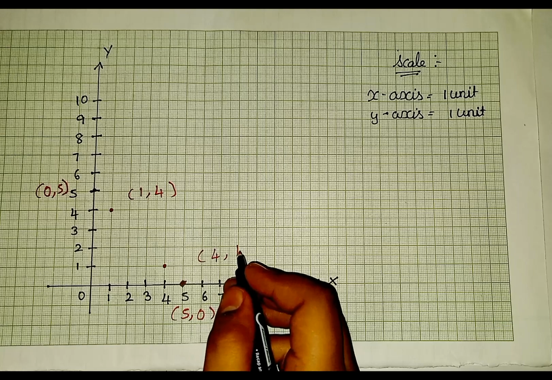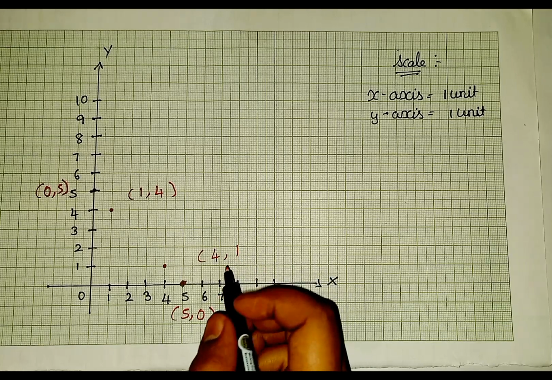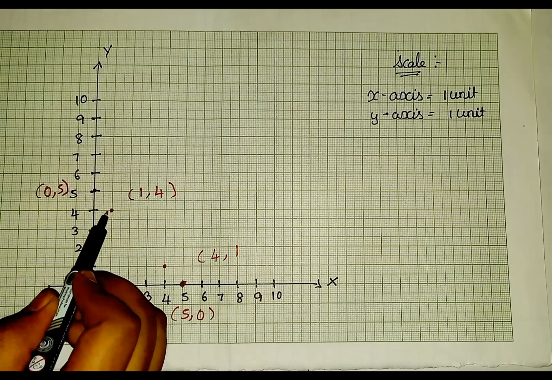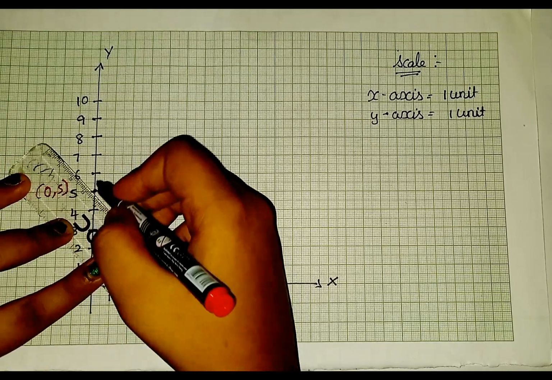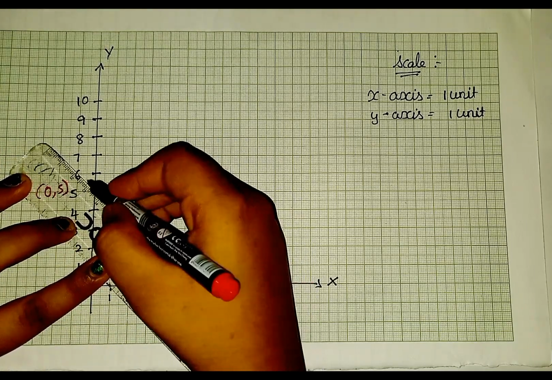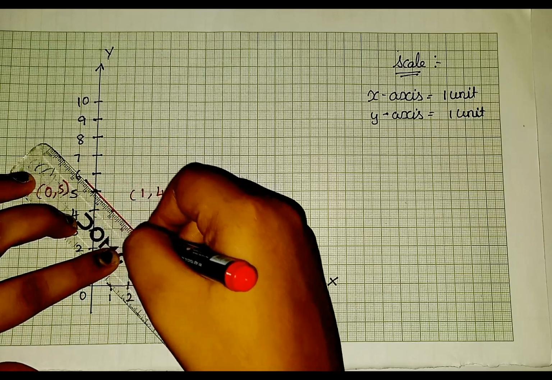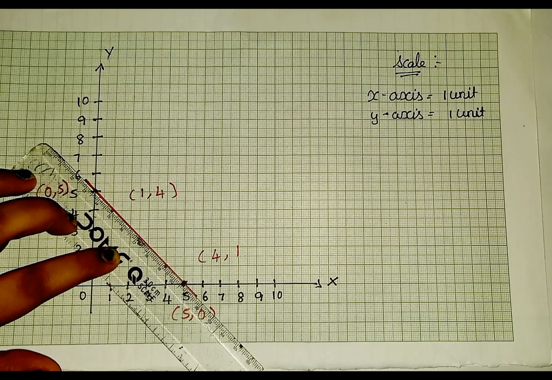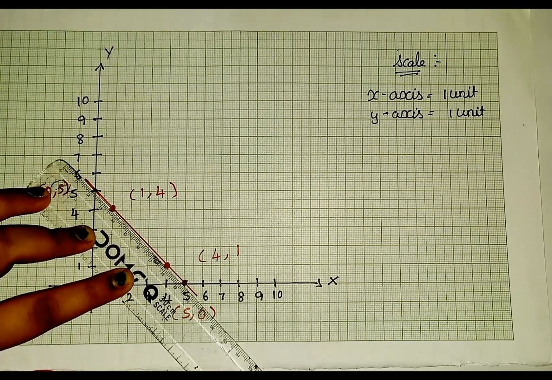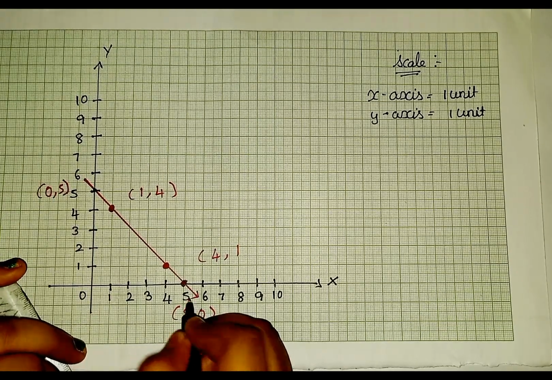Okay, so now we can join the points. Where are the points? Here we have a point, here we have a point, here we have a point, here we have a point. So now let us join it. Now I just joined it. After joining it, let us draw the arrow mark.